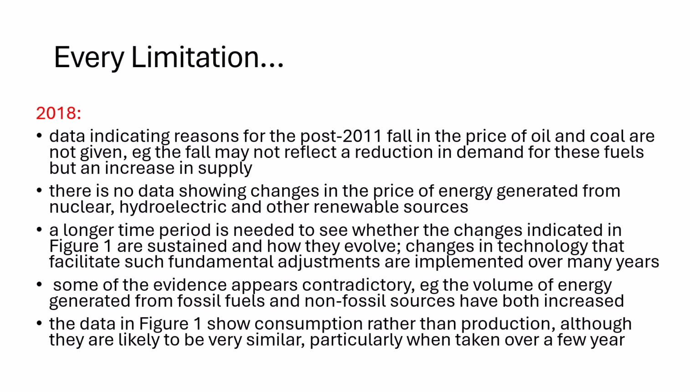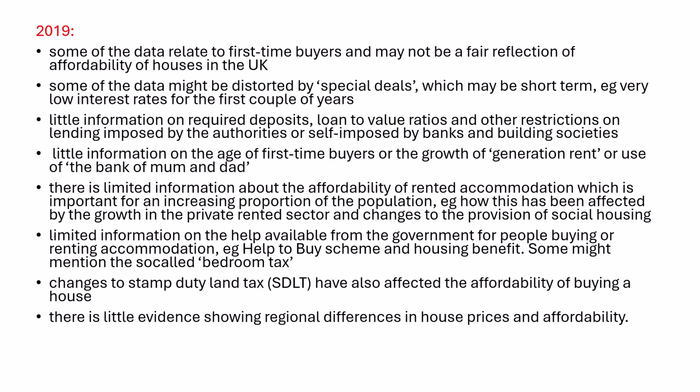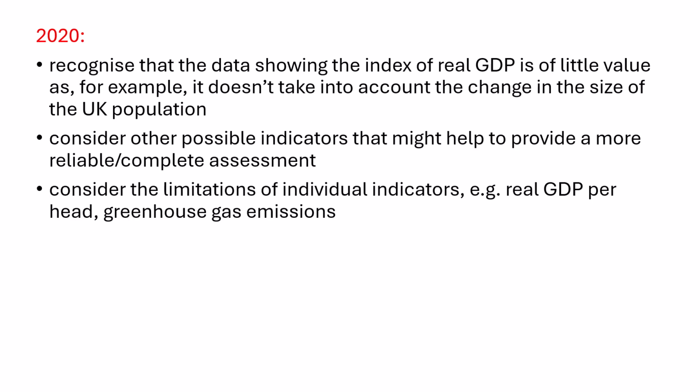So then what we've also got is this one. 2019, again, we can see a lot of limitations there. Feel free to pause the video and give them a read. 2020, as you can see, there was less within this year.